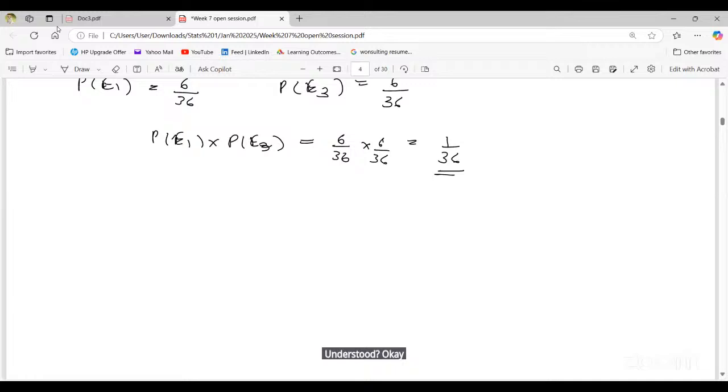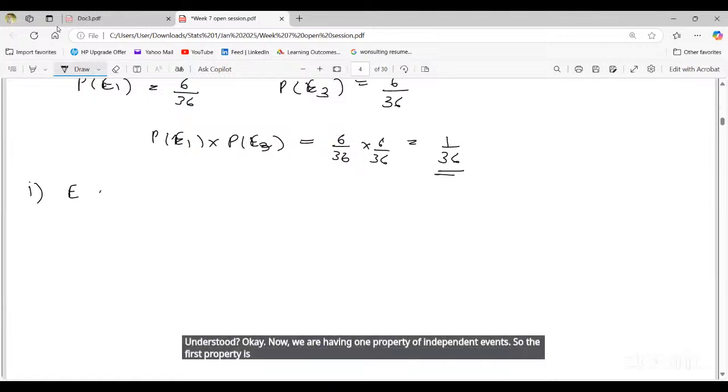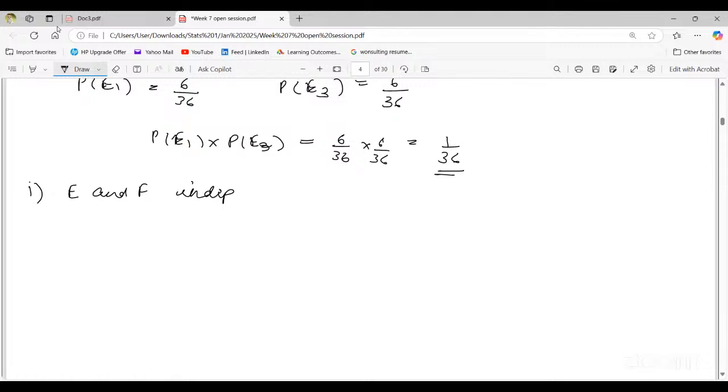Now, we have one property of independent events. The first property is: if E and F are two events and they are independent, can I say that E and the complement of F are also independent? Yes.